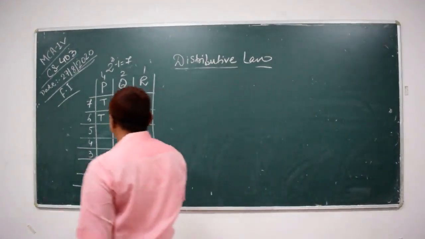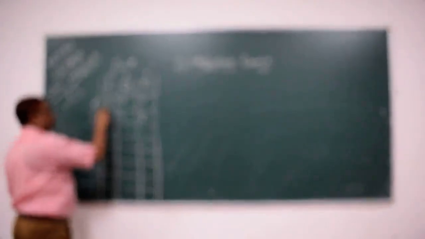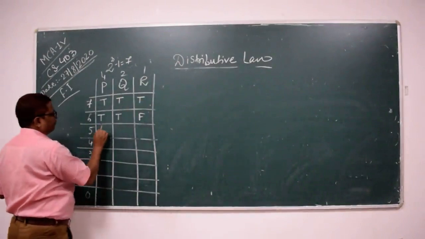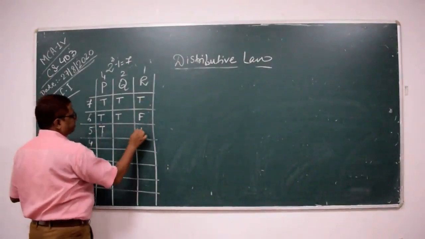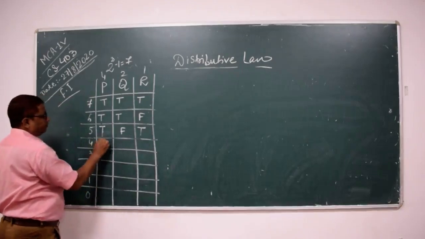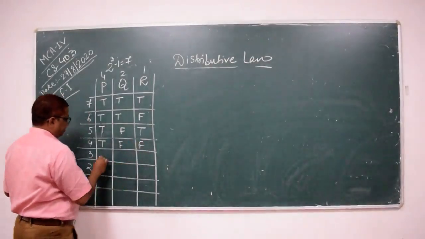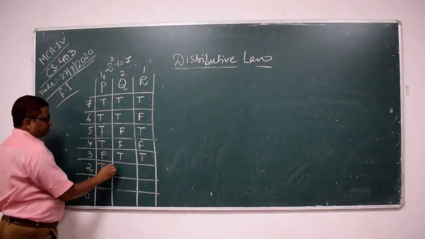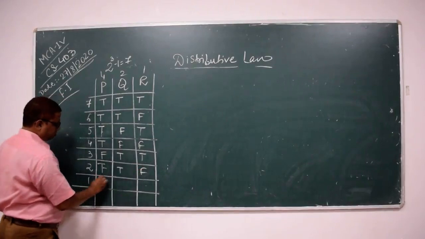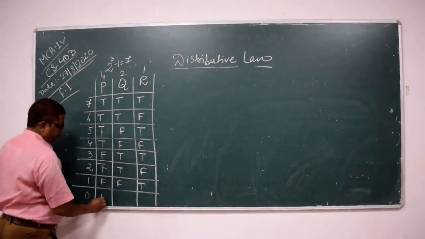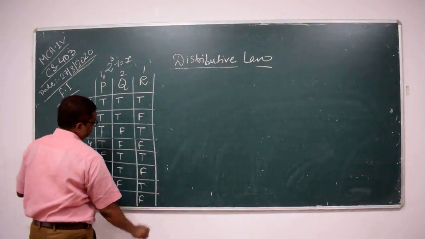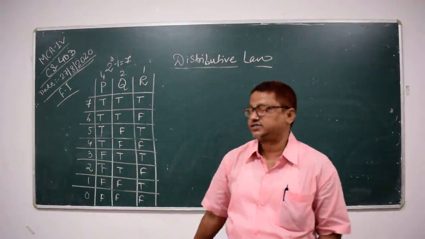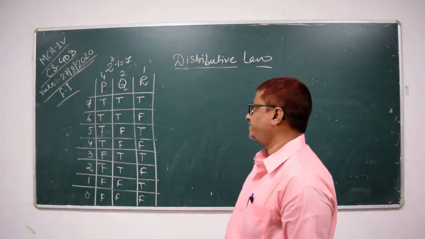Adding them, 4 plus 2 plus 1 is 7; 4 plus 2 plus 0 is 6; 4 plus 1 is 5; then 4 alone; then 3 is false, true, true; false, true, false; false, false, true; false, false, false. This is called the possibilities of these three variables in terms of true and false.